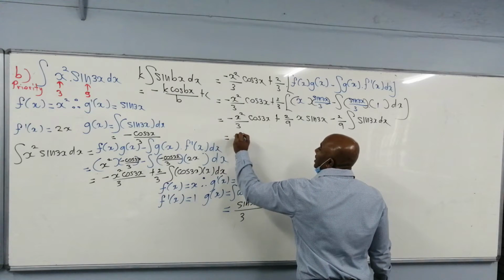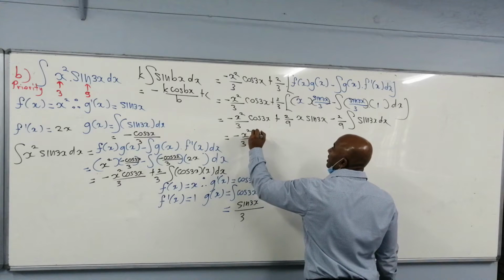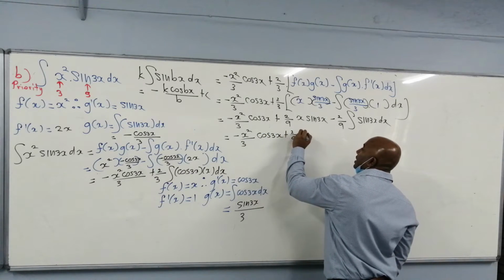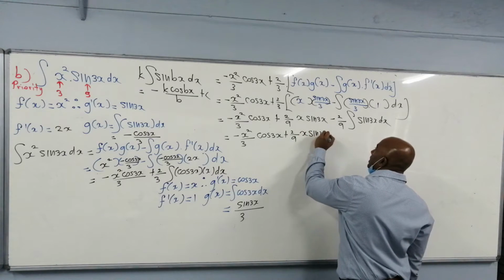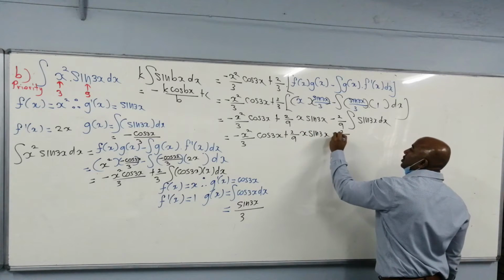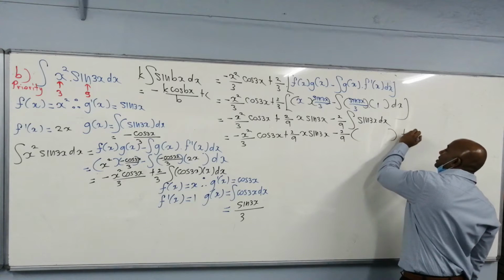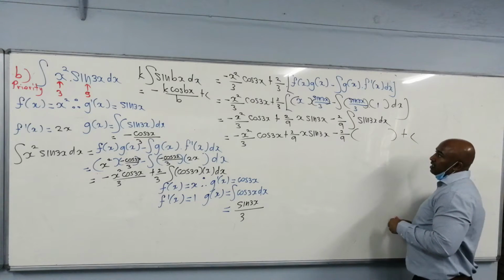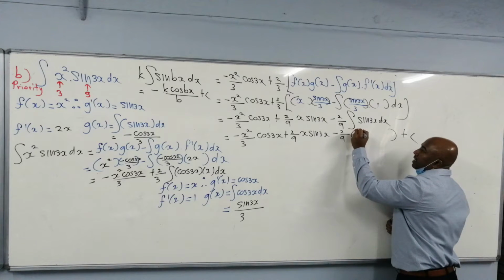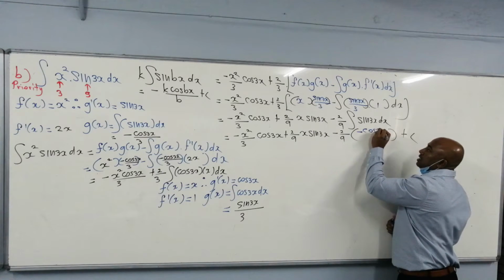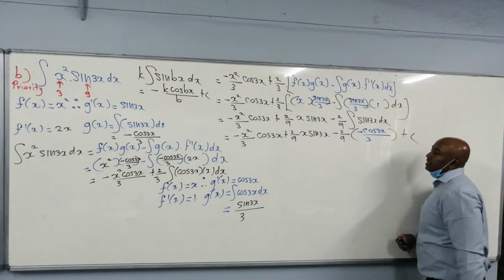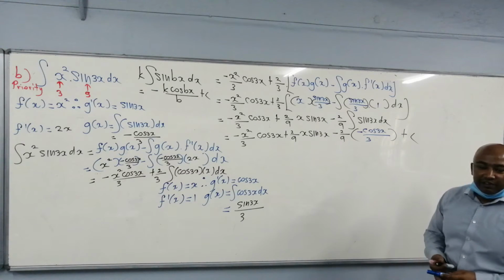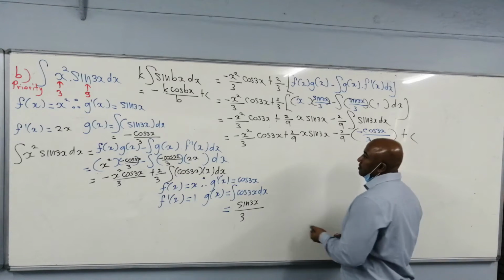So that's going to be minus x squared over 3 cos 3x plus 2 over 9x sine 3x minus 2 over 9 times, I need to integrate sine. When I integrate sine, it will be minus cos 3x all over 3. And I'm done now. Let me just simplify this last part here.